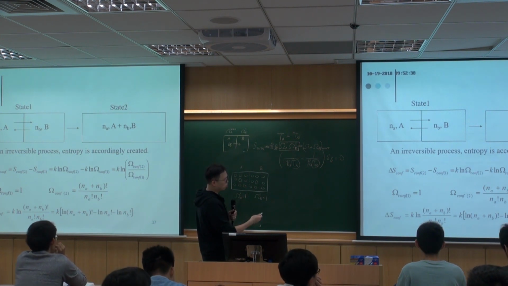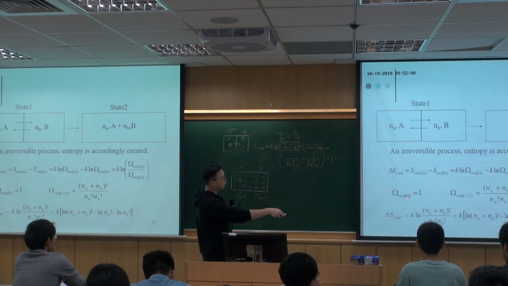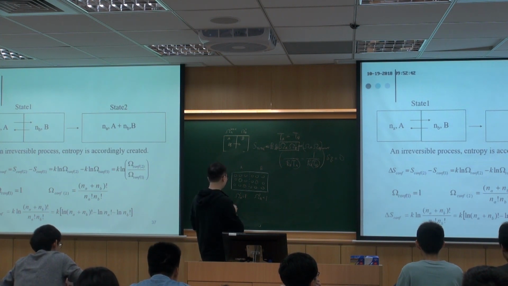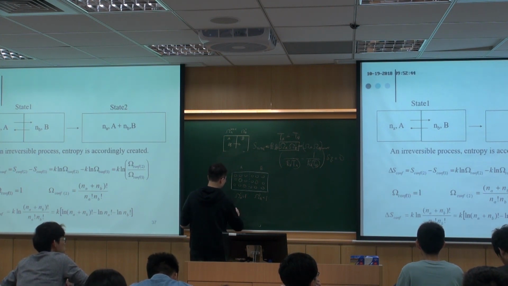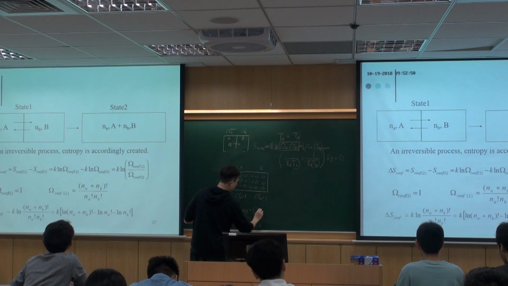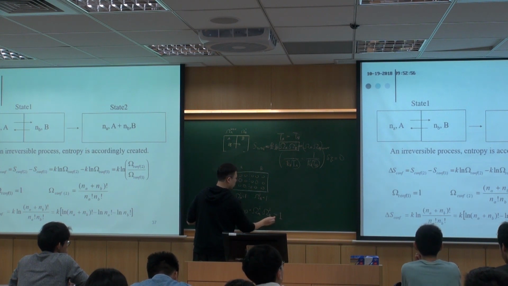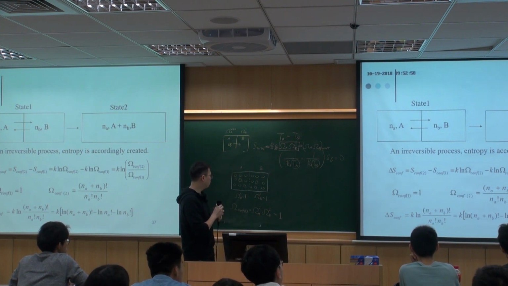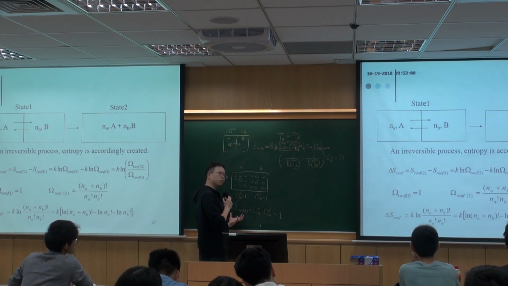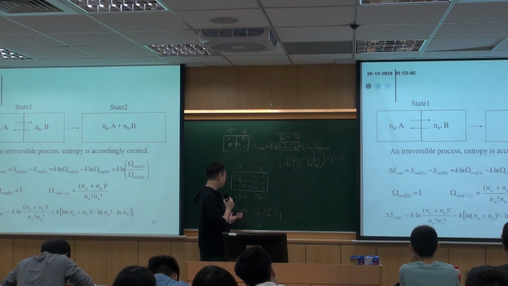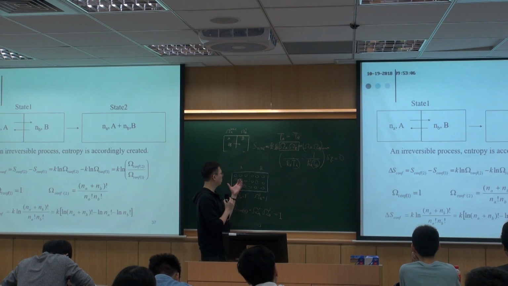And the omega configuration over here stays as 1 because the total configuration omega should be the product of these two systems.